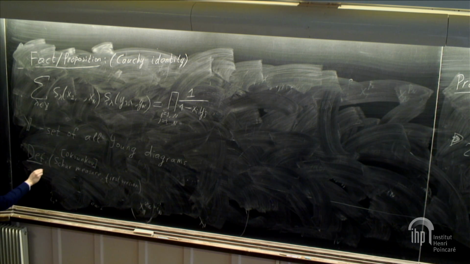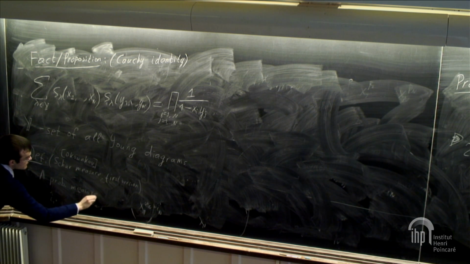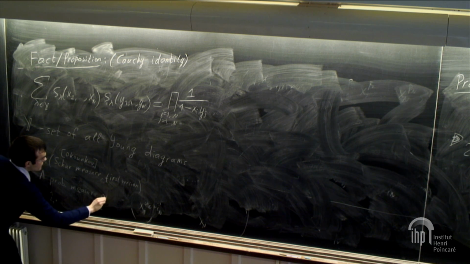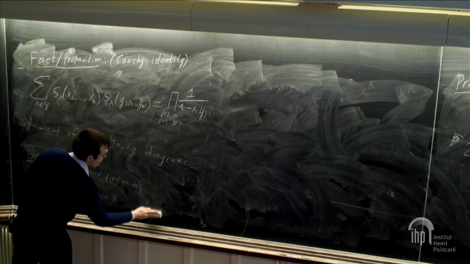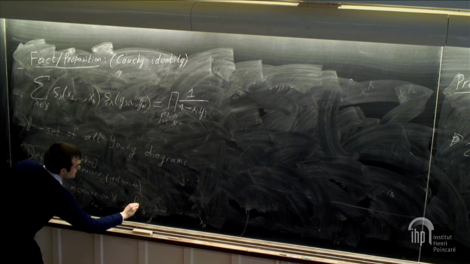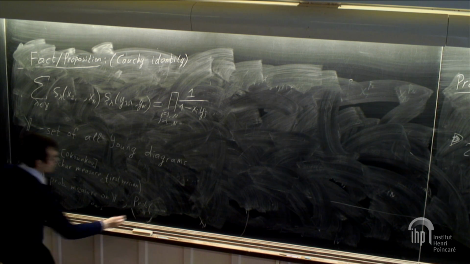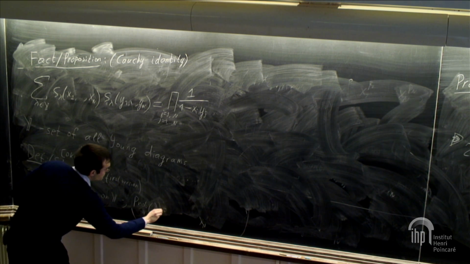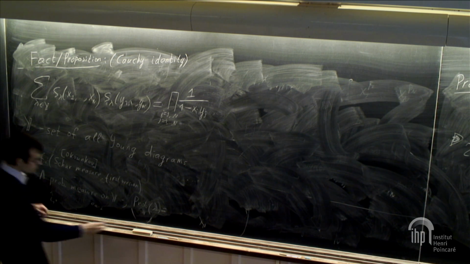So this is a probability measure on the set of all Young diagrams such that the probability of a Young diagram lambda is determined by this Cauchy identity.